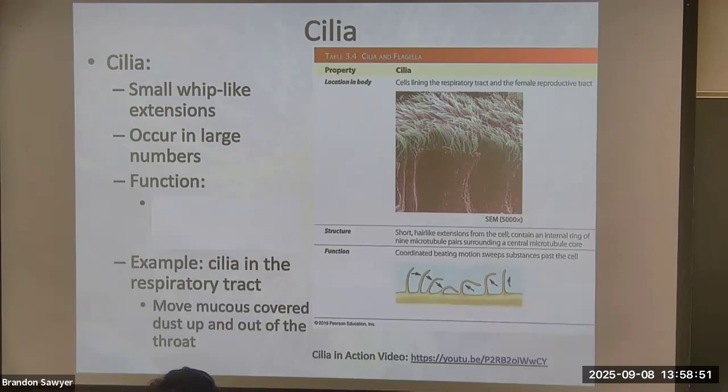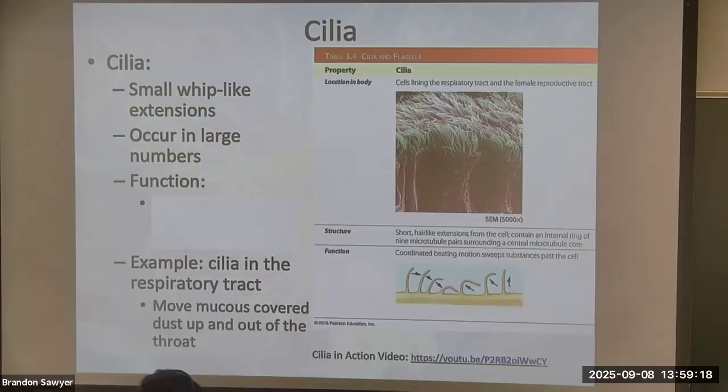For example, we would have these inside of our respiratory tract, okay? And they're usually embedded in a bunch of mucus too. So when we inhale a big particle of dirt or something, it can get caught in that mucus. And then the cilia beat, which looks like a random direction if you're looking at it, but they're all beating in a very organized fashion to move that dust back up.